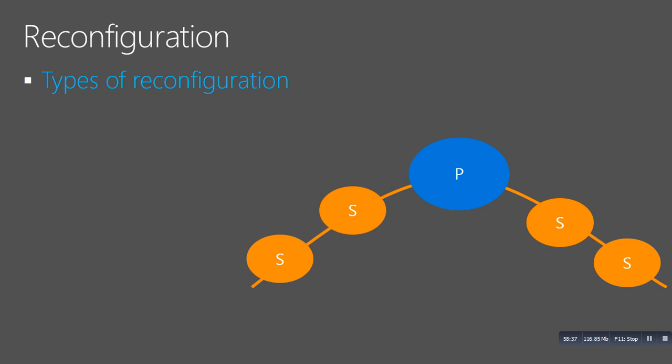In the second scenario, if any secondary fails, how will it be managed? A new instance will get cloned from the primary, and it will become the secondary.